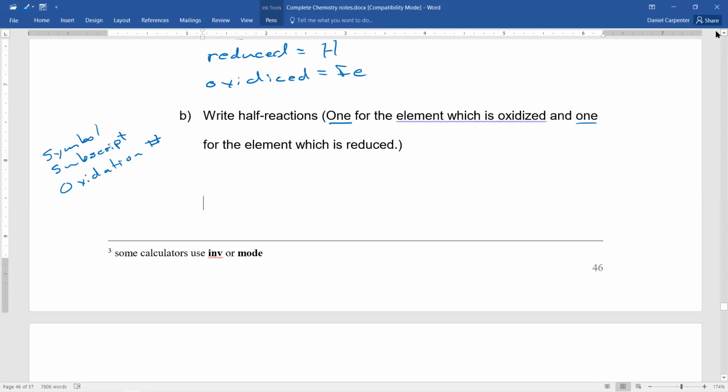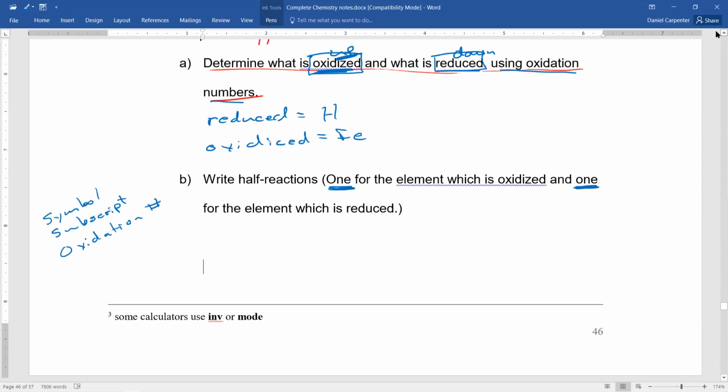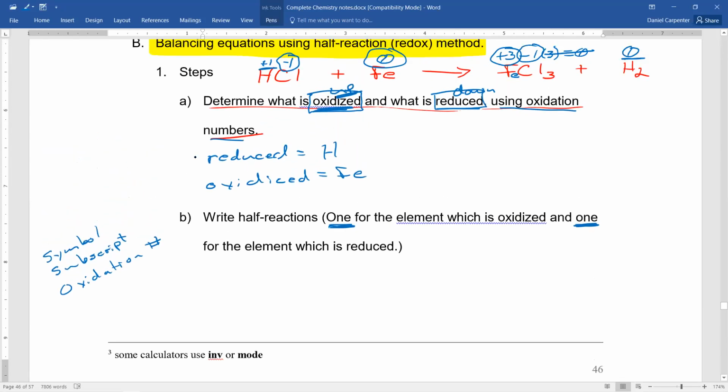So 1 and then another 1. So first of all, and it doesn't matter which one we do first, but I'm going to do the reduced hydrogen first. So on the left, right here, symbol, subscript is an understood 1, oxidation number, arrow.